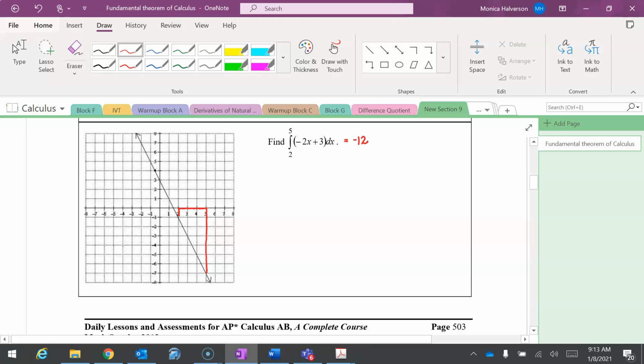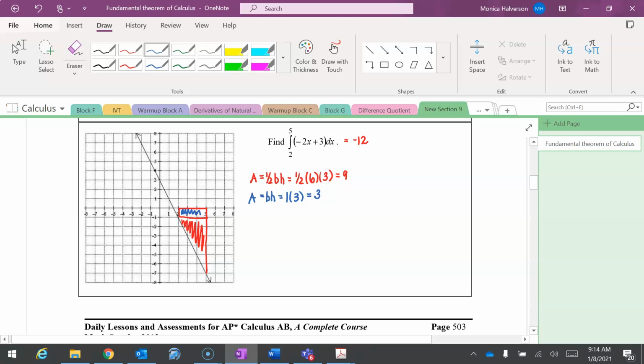Now, what's interesting is if you did it by breaking it up into shapes, the area of the red triangle would be 1/2 base times height, which is 1/2 6 times 3, which is 9. And the area of the rectangle would be base times height, which is 1 times 3, and that equals 3.